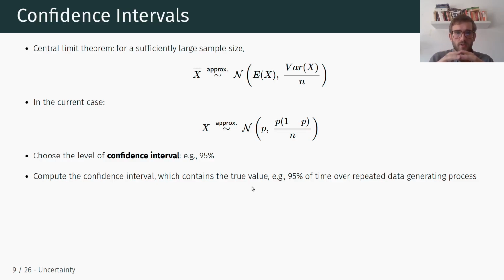The true population value is out there, we can't observe it, right? We have one specific sample with an estimator, and we now characterize the variation in our estimator across repeated sampling.